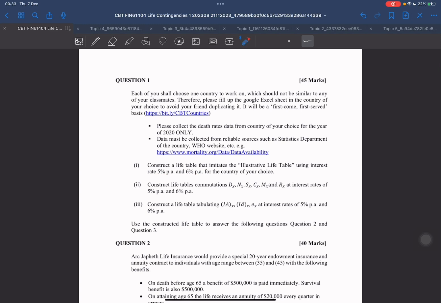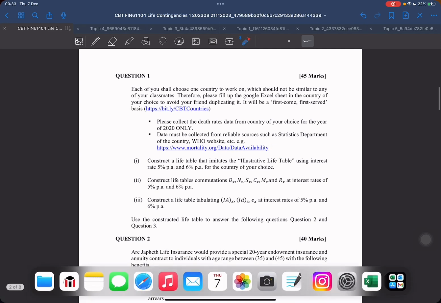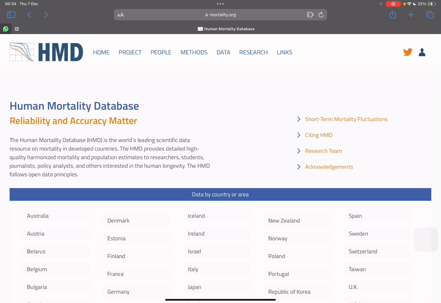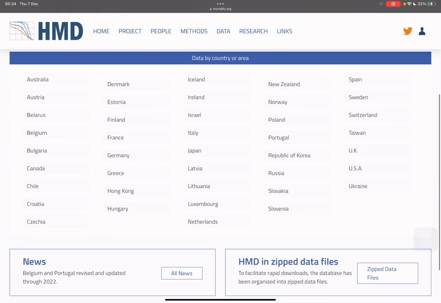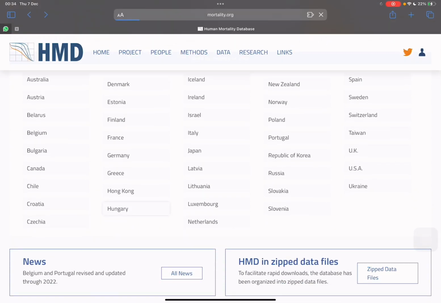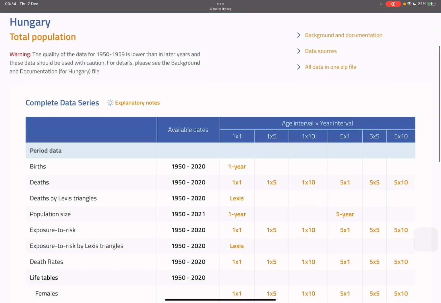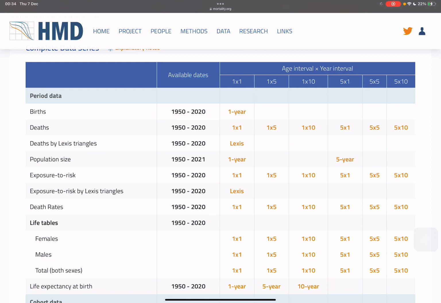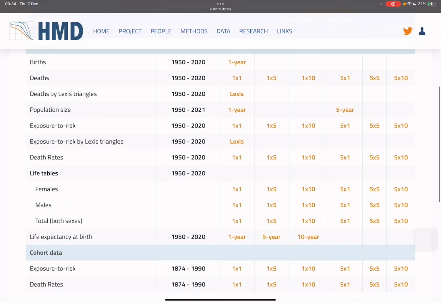In order to create an illustrative life table, we need death rate data, and we can obtain death rate data from this website, the Human Mortality Database. The country I chose is Hungary, and we can obtain the data from here.